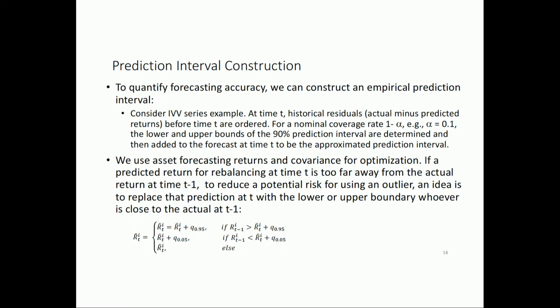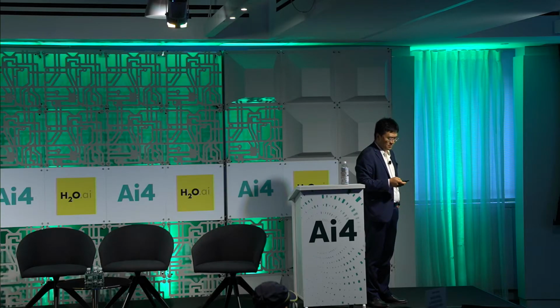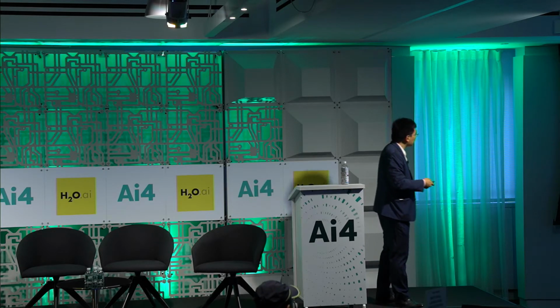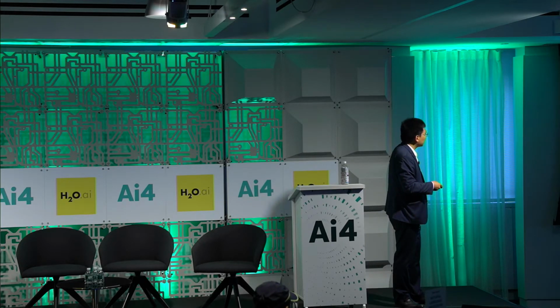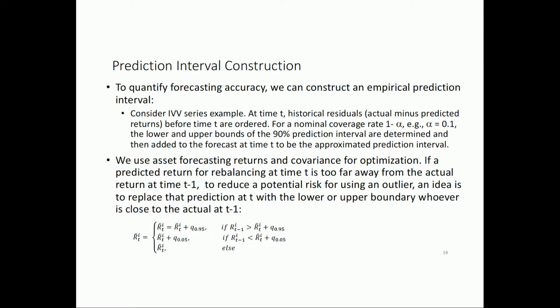But sometimes I'm not confident if the prediction is far away from the actual at t-1. So here I add another rule. If my actual data at t-1 is greater than my predicted upper bound, I replace my prediction at time t with the upper bound.